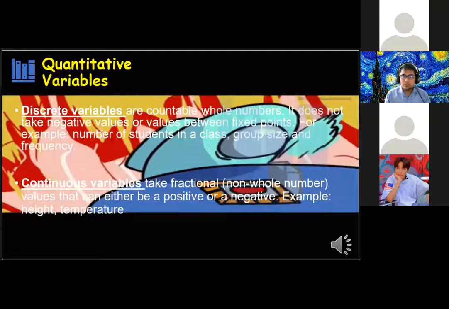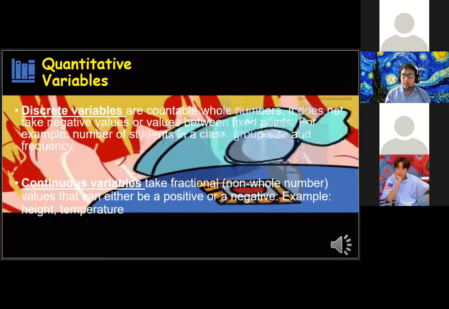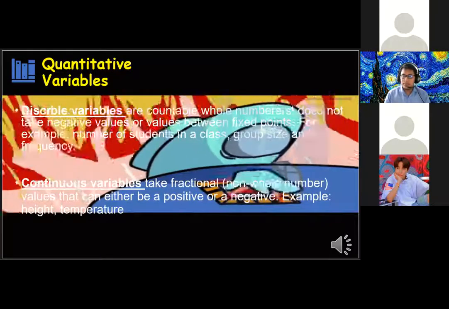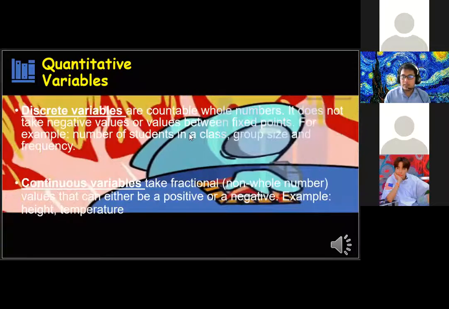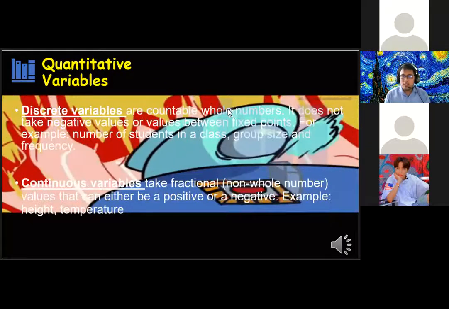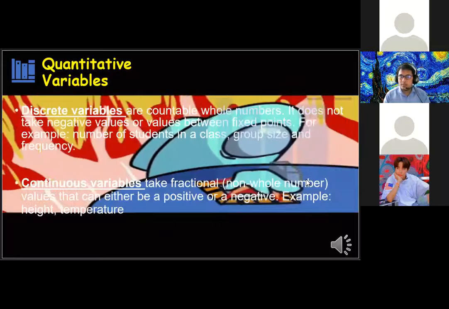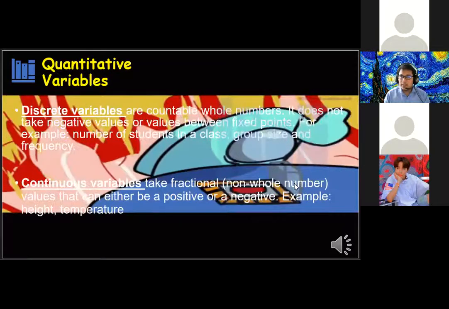Okay, continuous variables are non-countable. Ganun lang siya. Pag discrete variables, countable. Kay continuous, non-countable. Okay, discrete variables are countable whole numbers. Okay, it does not take negative values between fixed points. Example lang, discrete variables are the number of students in a class, group size, frequency, those whole numbers.